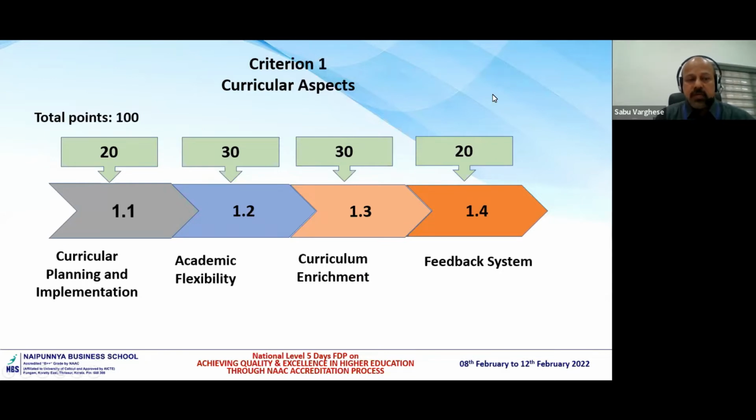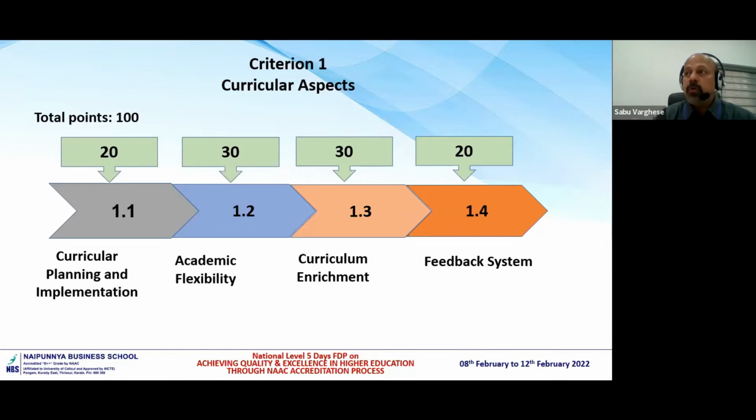This is what I discussed just before. The numbers for each key indicator: 1.1 curricular planning and implementation, 1.2 academic flexibility, 1.3 curriculum enrichment, and 1.4 feedback system.